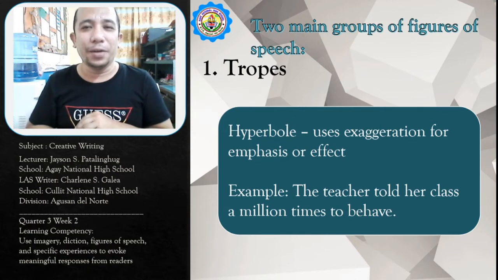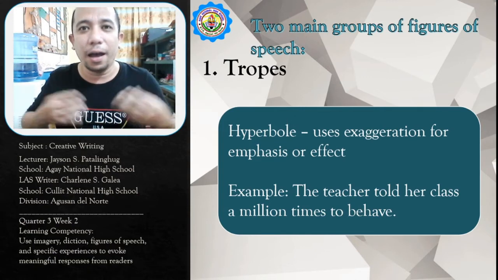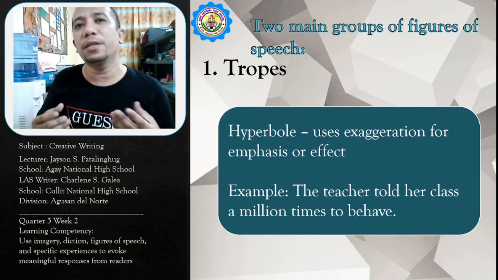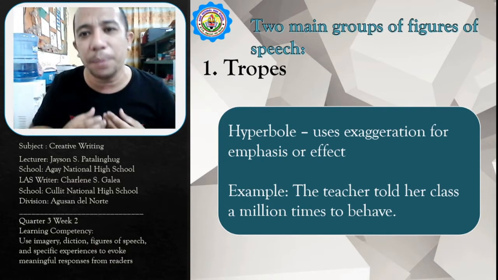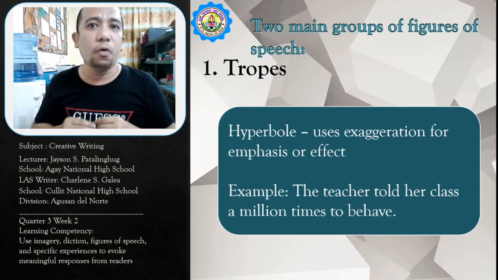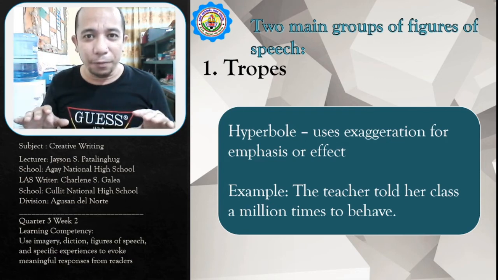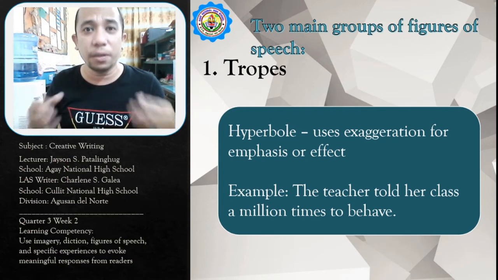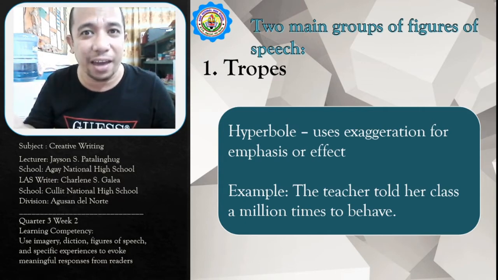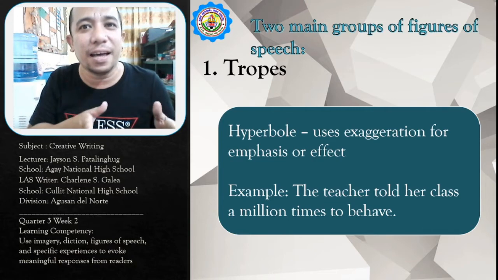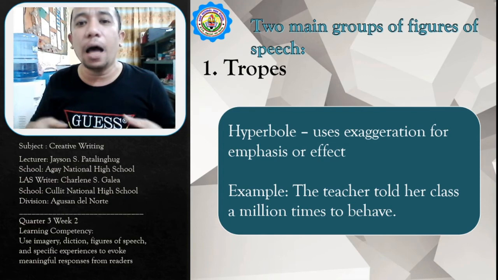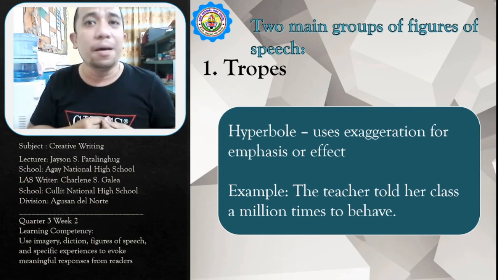Okay, next is hyperbole. Others would mispronounce it, but it's hyperbole. A hyperbole is a figure of speech that uses exaggeration for emphasis or effect. If you want to emphasize something, you are going to exaggerate. Example: the teacher told her class 1,000,000 times to behave.